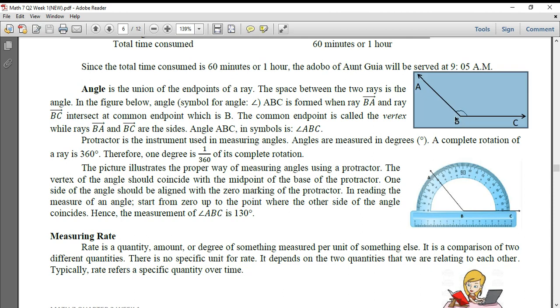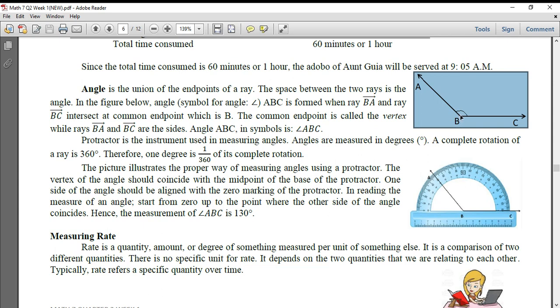Okay? Kaya samang dalawa, ray BA and ray BC. So, nag-intersect sila doon sa endpoint na B. Okay? The common endpoint is called the vertex, while rays BA and BC are the sides. Okay? So, ito ang tinatawag nating vertex.